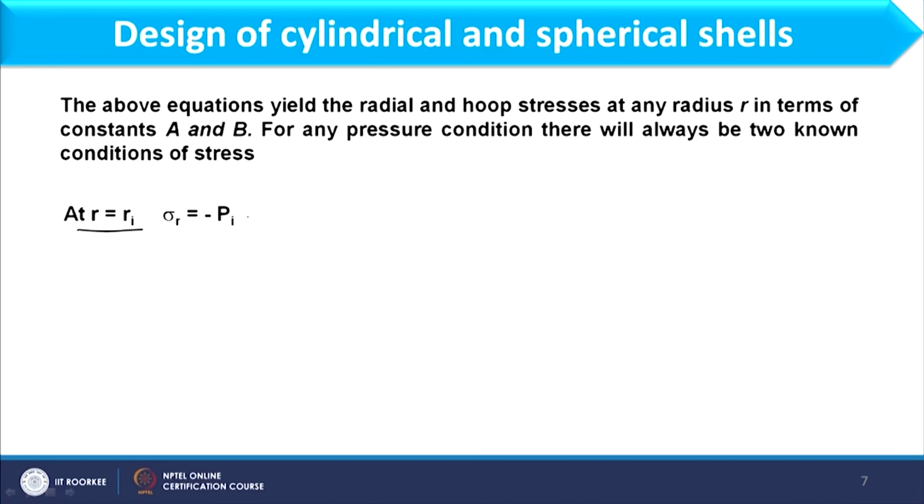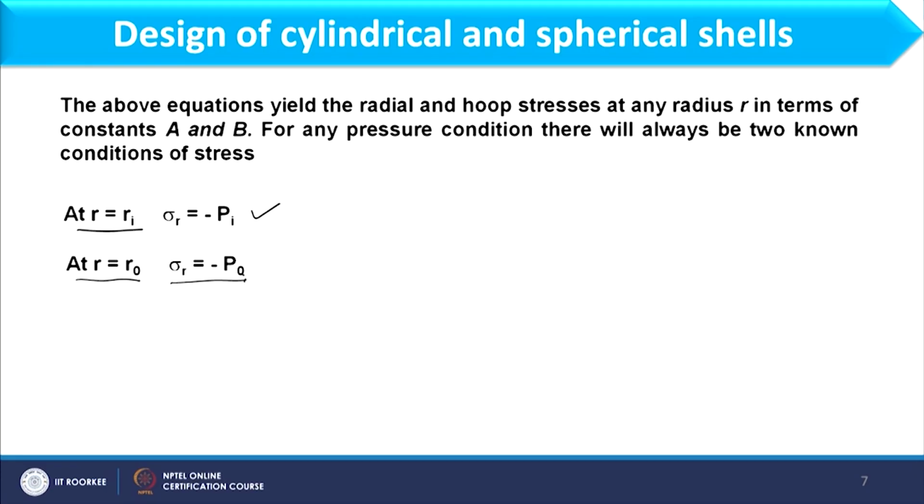I will extract conditions from that image, where if r equals ri, sigma r would be minus pi. Now why is it minus pi? Because the direction of sigma r and the pressure are opposite to each other, and further when r equals r naught, sigma r will be equal to minus po, that is the external pressure.